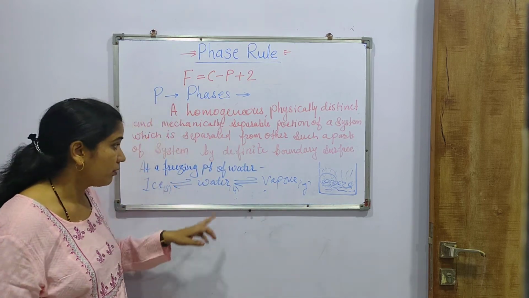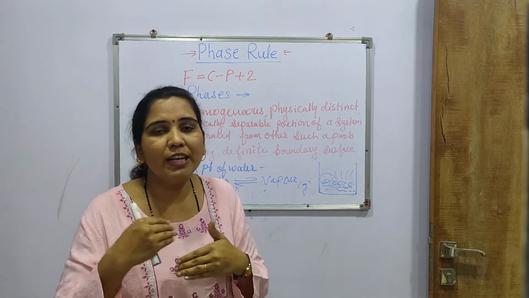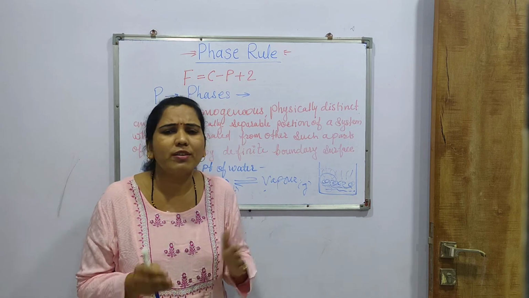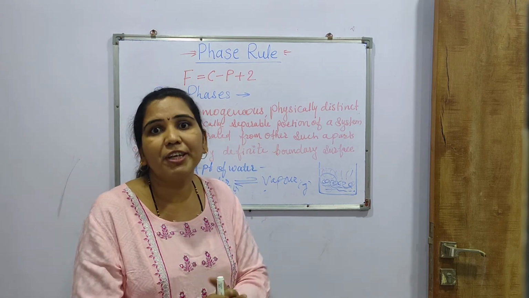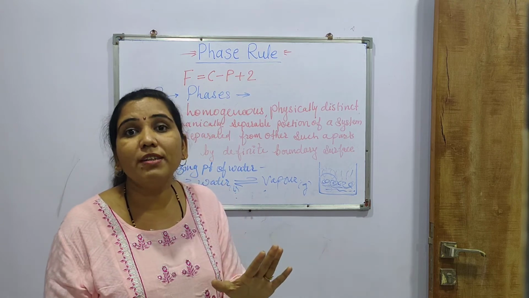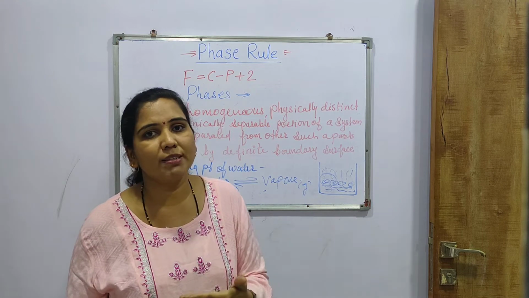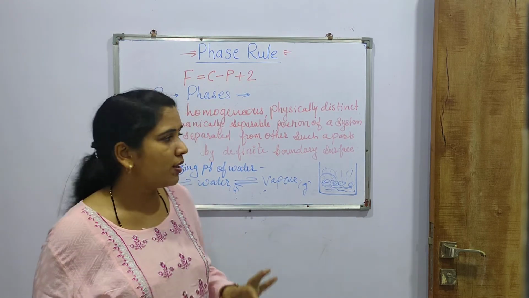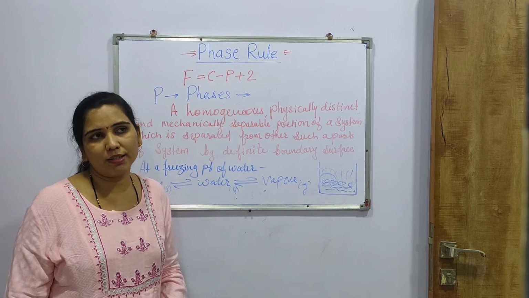Second, when two different liquids are there, consider water and alcohol. When they are mixed with each other, they are totally miscible. We cannot distinguish or separate them. We cannot physically distinguish them. So the number of phases is one because it is homogeneous throughout. So a single phase is there when two miscible liquids are present.